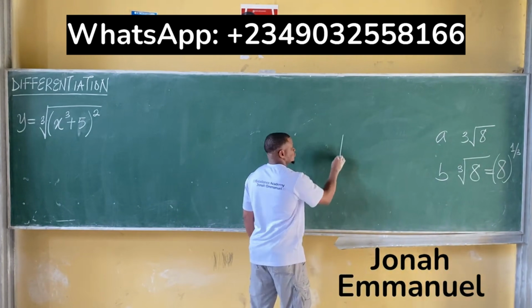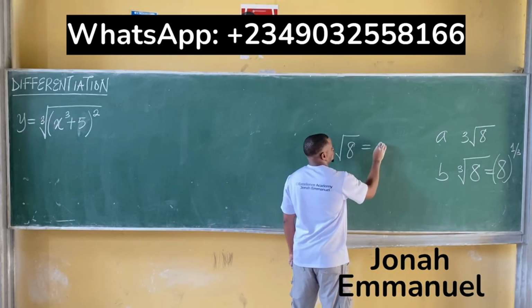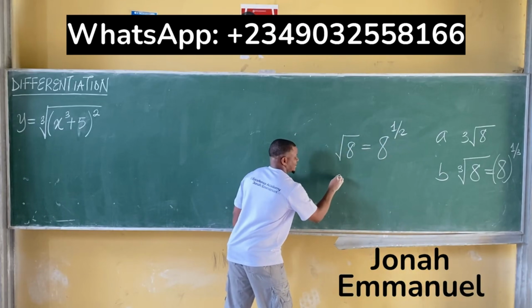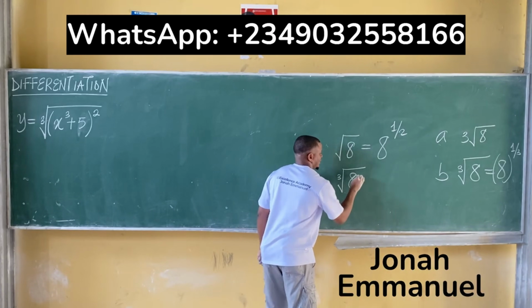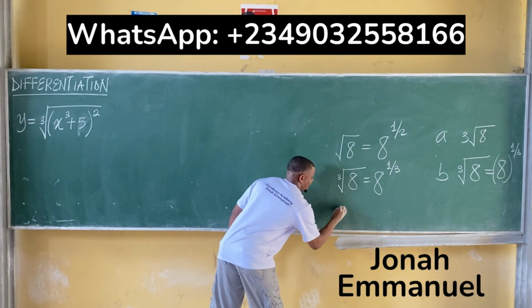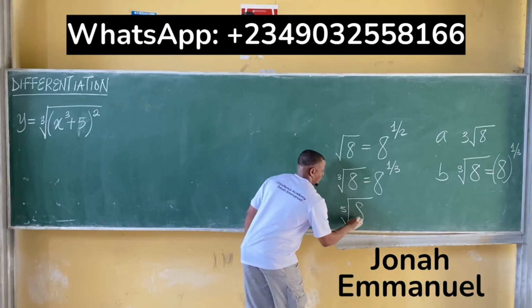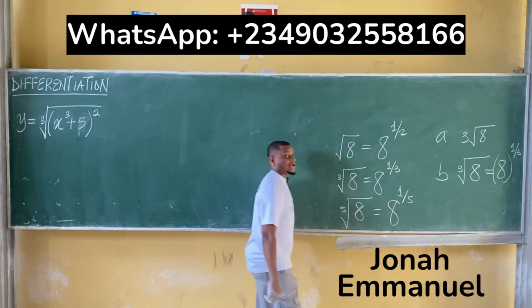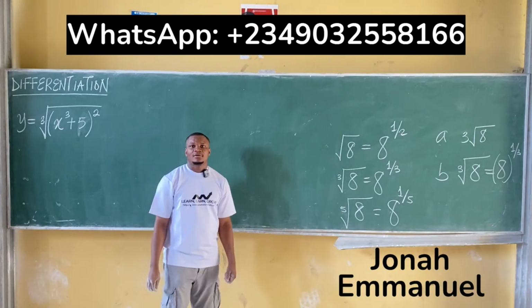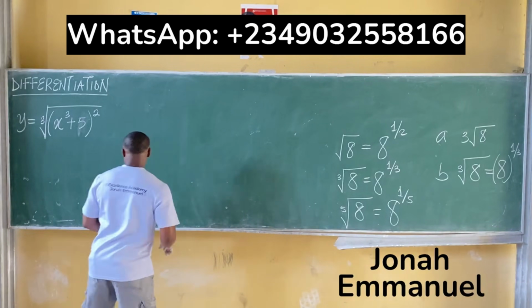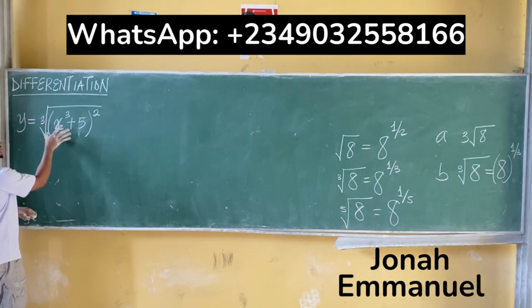When you have root 8, this is equal to A to the power 1 over 2. When you have it this way, this becomes A to the power 1 over 3. Please get this right, please. This is from indices. Let me refresh your memory first before we start. In essence, what I have here is the cube root of this.